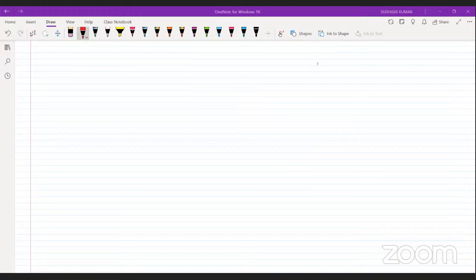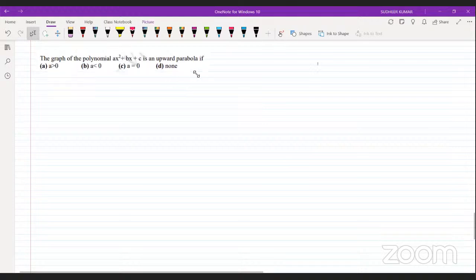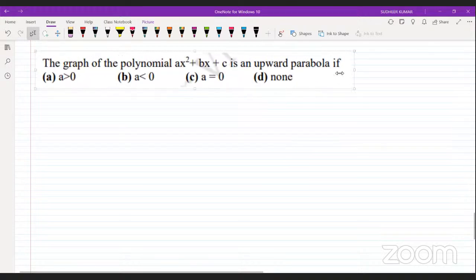So then we'll see the next one. The graph of the polynomial ax square plus bx plus c is an upward parabola.